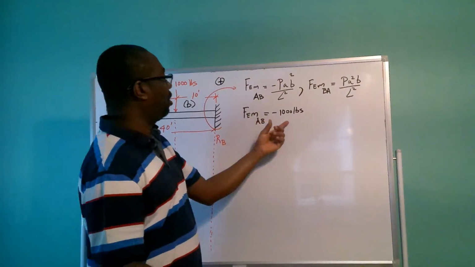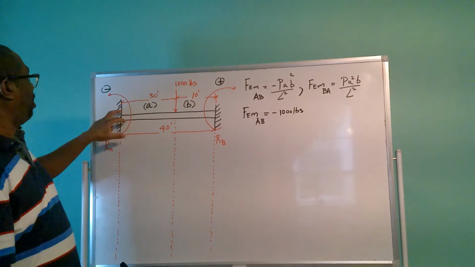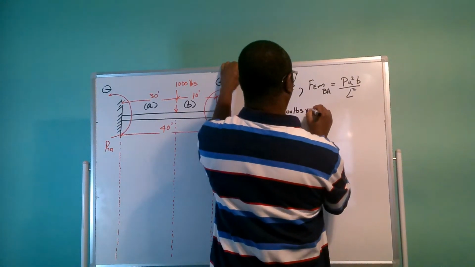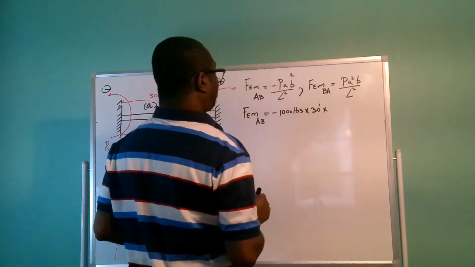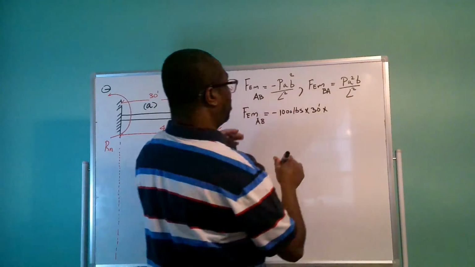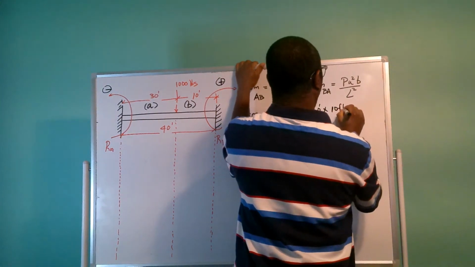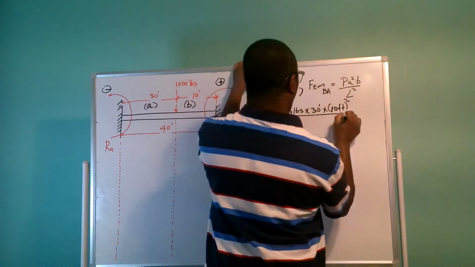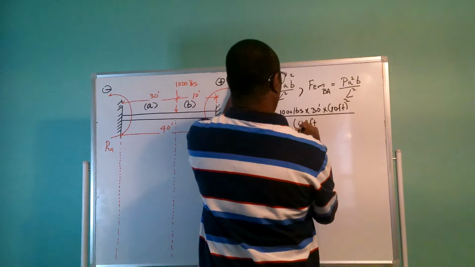The dimension for A is 30 feet, times B, and B is 10 feet squared, all over 40 feet squared.